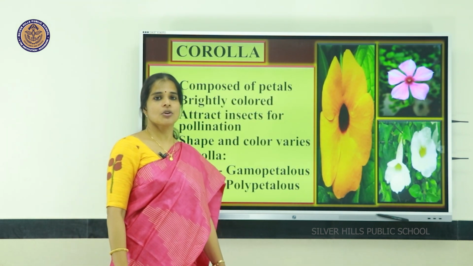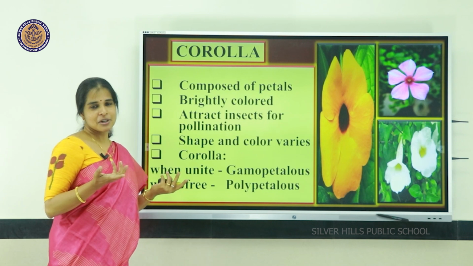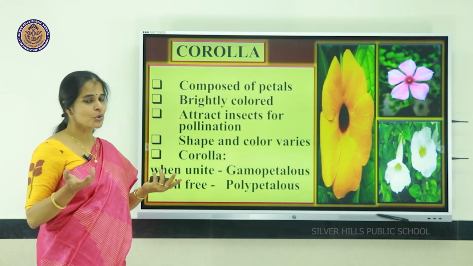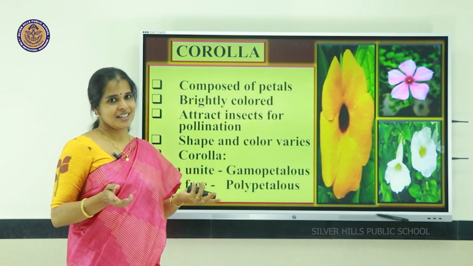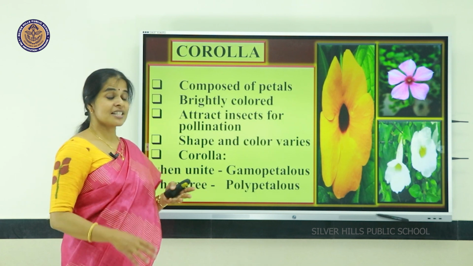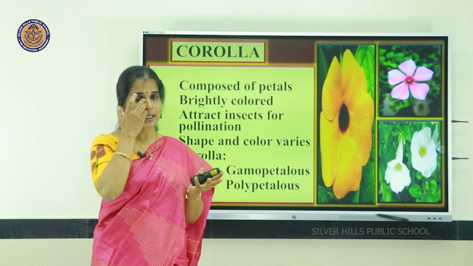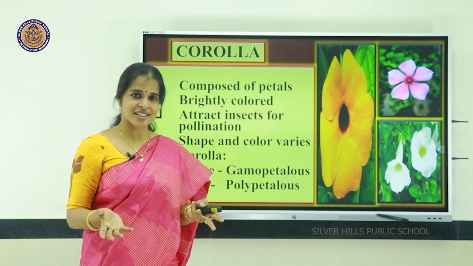So, next is corolla. Let us start with corolla. What is corolla? The term may not be familiar to you, like calyx. Petal is a quite common term. What is a petal? It is a brightly colored part, the flower part which attracts us.